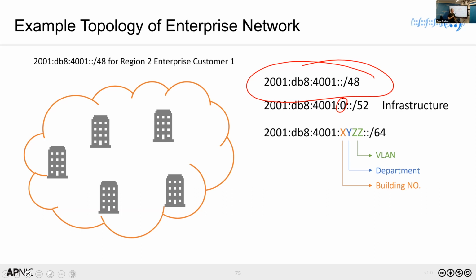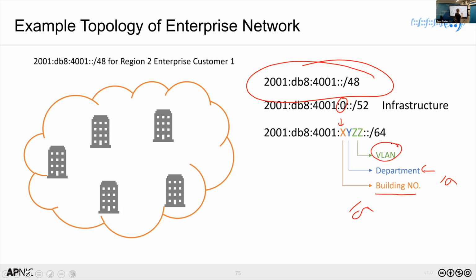And for the remainder, I could do something like this. I could make my first nibble a building number. So that gives me 15 buildings, because I've already stolen the first one. I could have a department within each building, so that gives me up to 15 departments in each building.